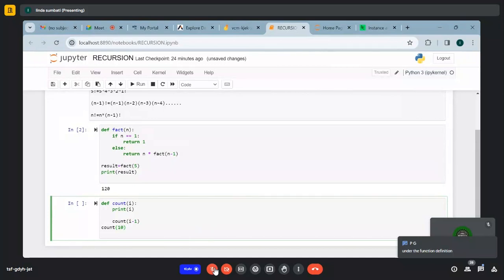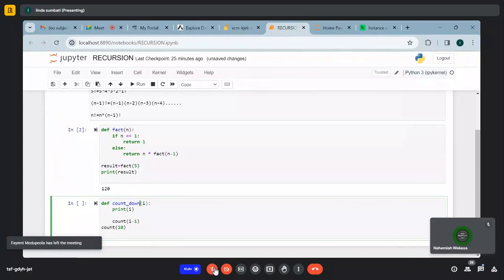You can't use count. Okay, yeah, true. Let's use count number, right? Count, yeah, it's an inbuilt function. Thank you. Let's just use countdown. Is that okay?